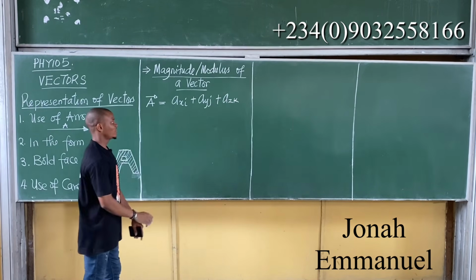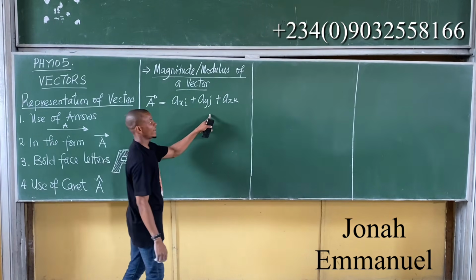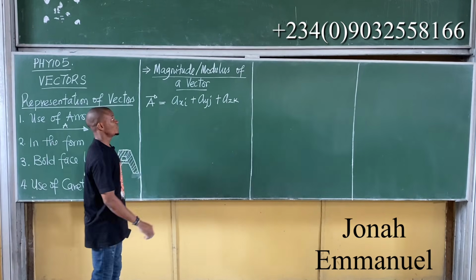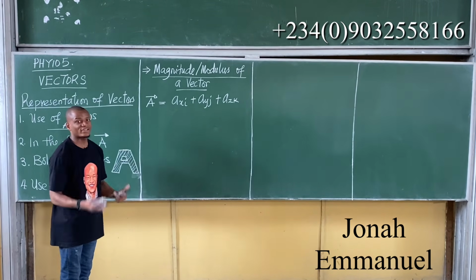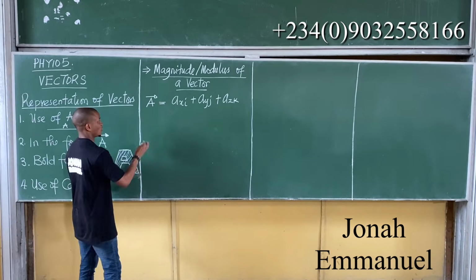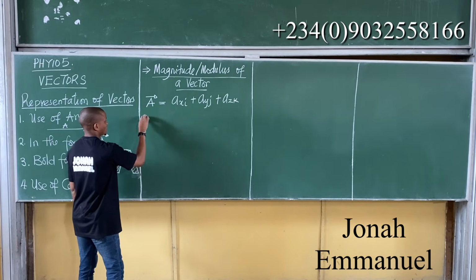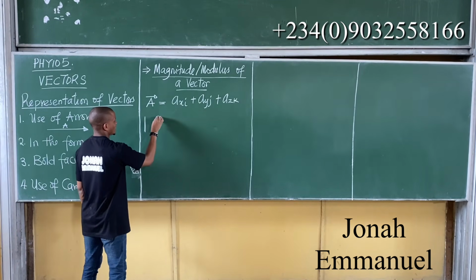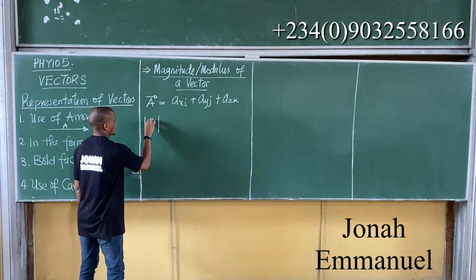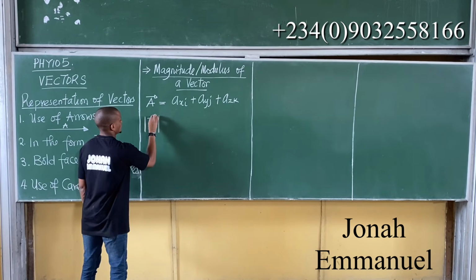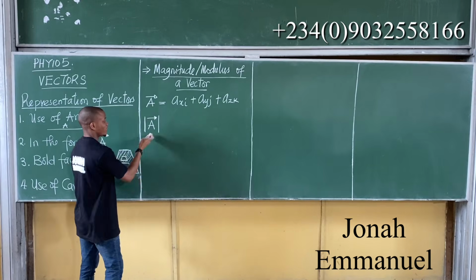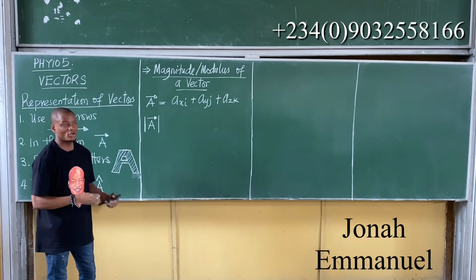Let's say I have a vector in the X, Y, and Z direction. The modulus or the magnitude of the vector is written like this. So when you write it, it means the magnitude of vector A.